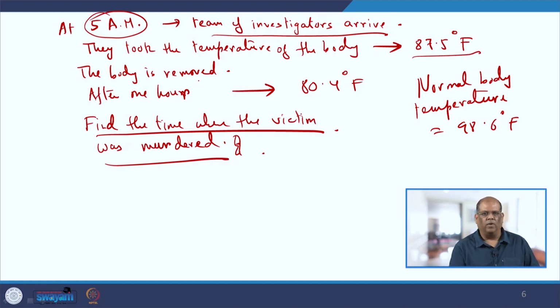The body is removed after 1 hour when they again took the temperature, which is 80.4 degree Fahrenheit. The normal temperature of a living person is 98.6 degree Fahrenheit. So, you have to find an approximate time when the victim was murdered.